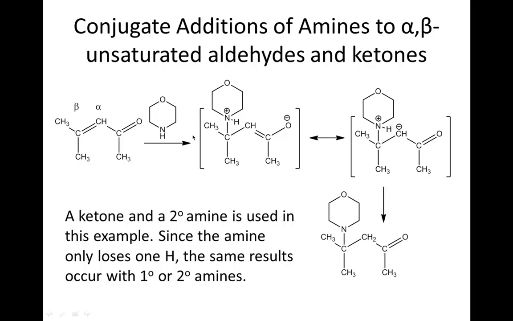But in fact, if it hadn't been this alpha beta unsaturated ketone, it wouldn't have reacted at all. And we only needed one bond here, so that's why secondary and primary amines both work, because we only need to make one new bond to that nitrogen, and we just take the place of one hydrogen.